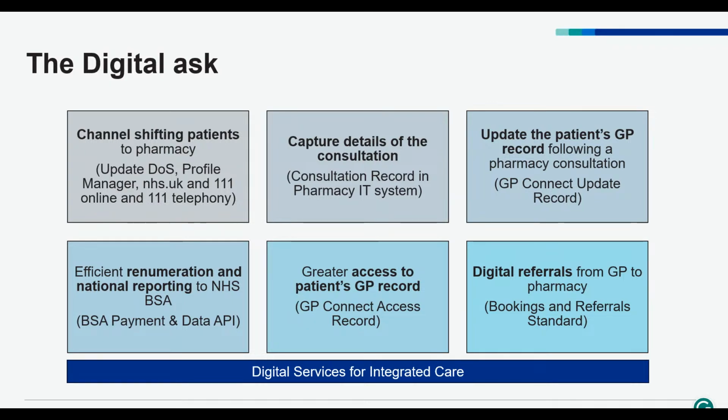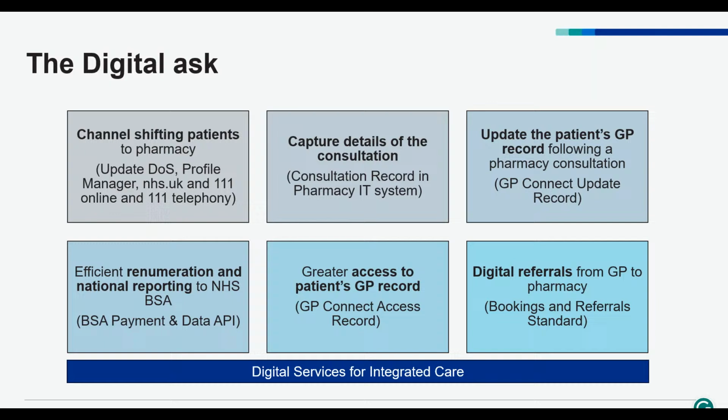The second part of the launch was to ensure that pharmacies had appropriate, robust systems to be able to record consultation details. There are some established systems that community pharmacies use already to support existing services, and these suppliers developed new consultation records to capture the data that we want as part of the Pharmacy First service.